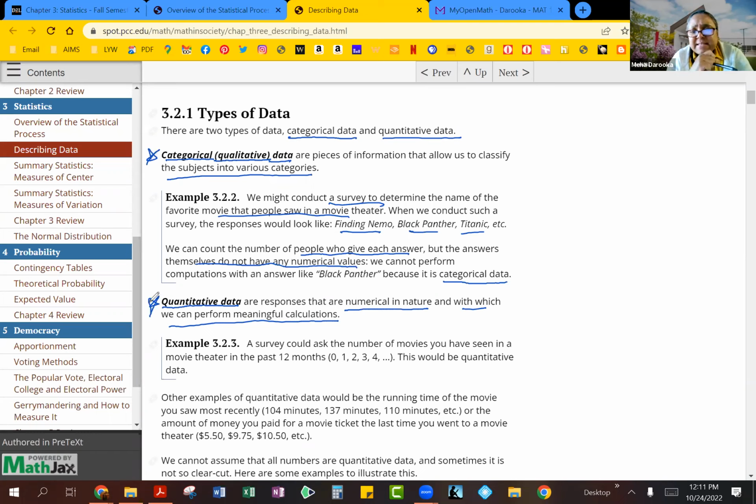A survey could ask the number of movies you have seen in a movie theater in the past month. Since you are asking how many movies you have seen, this would be an example of quantitative data. If you ask what was your favorite movie to see in a movie theater, that's your qualitative data. So those are the two different things you have to keep in mind here.